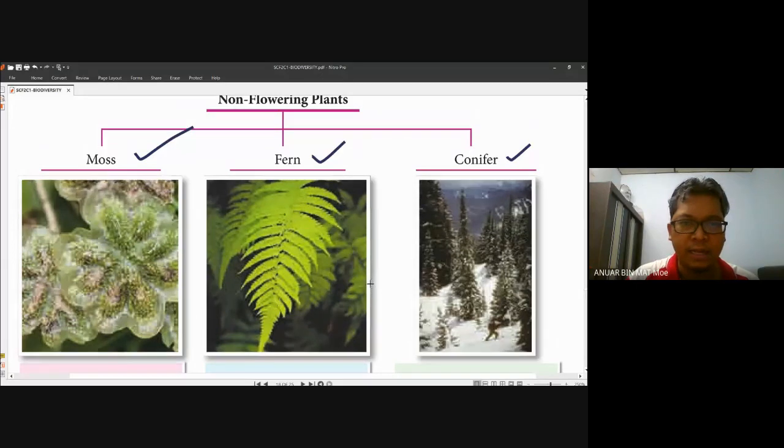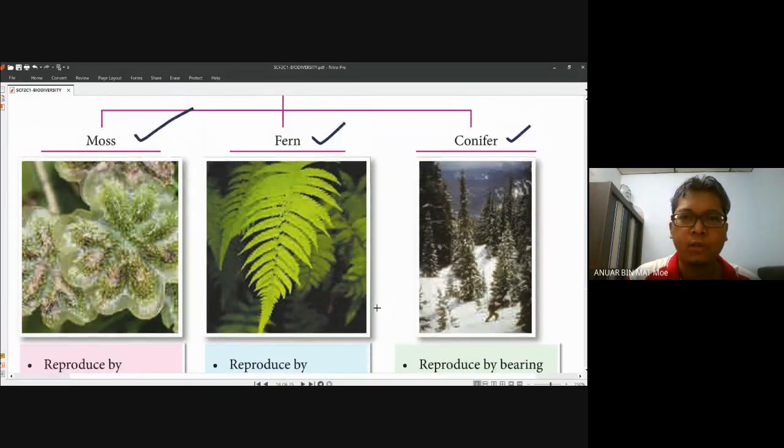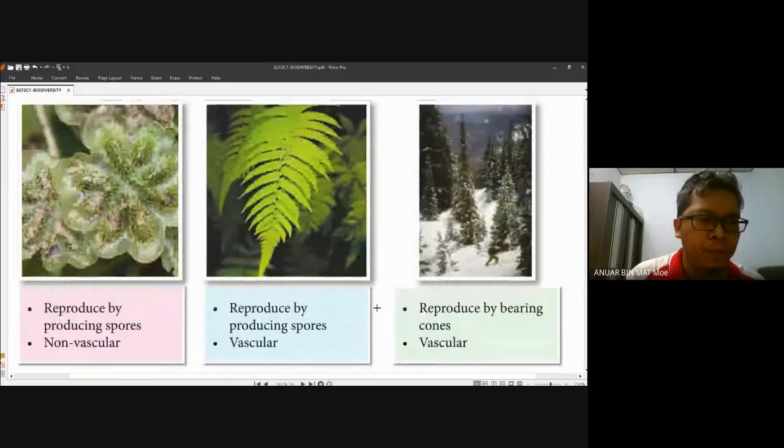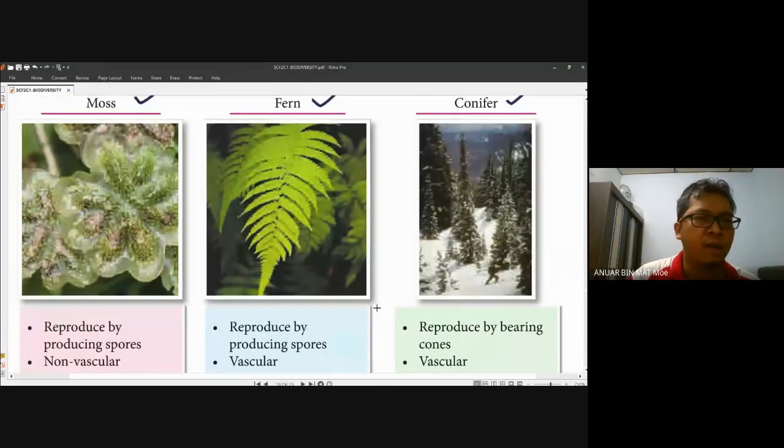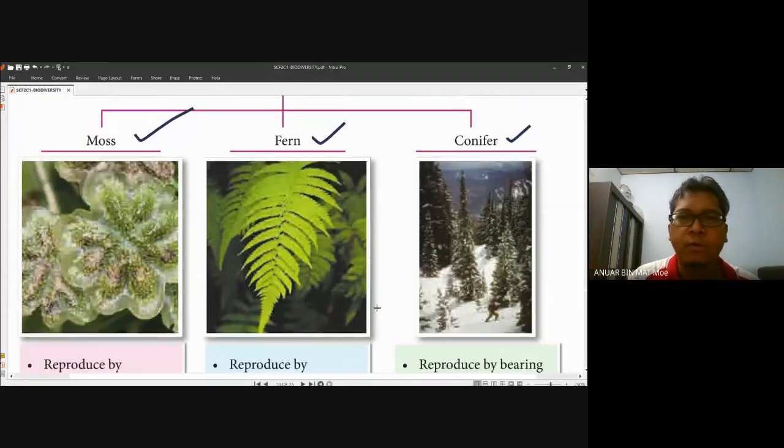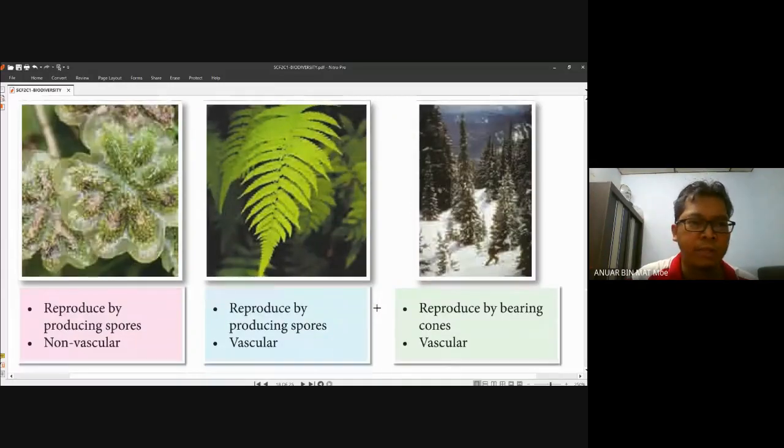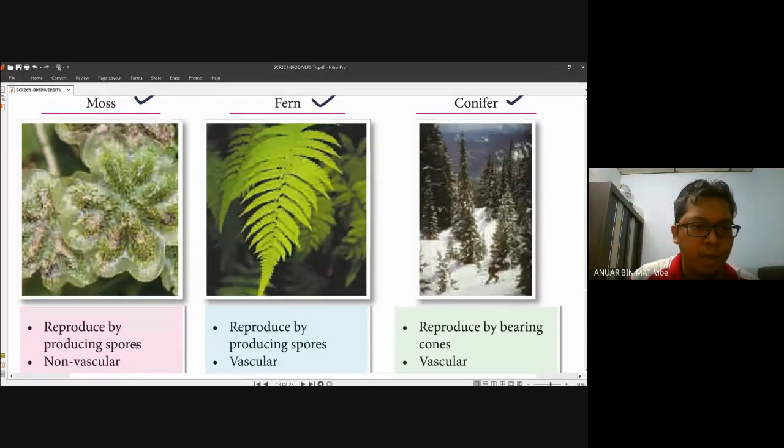These are the examples of non-flowering plants. So we look at the characteristics of each non-flowering plant. For moss, moss reproduces by producing spores, and it is non-vascular.